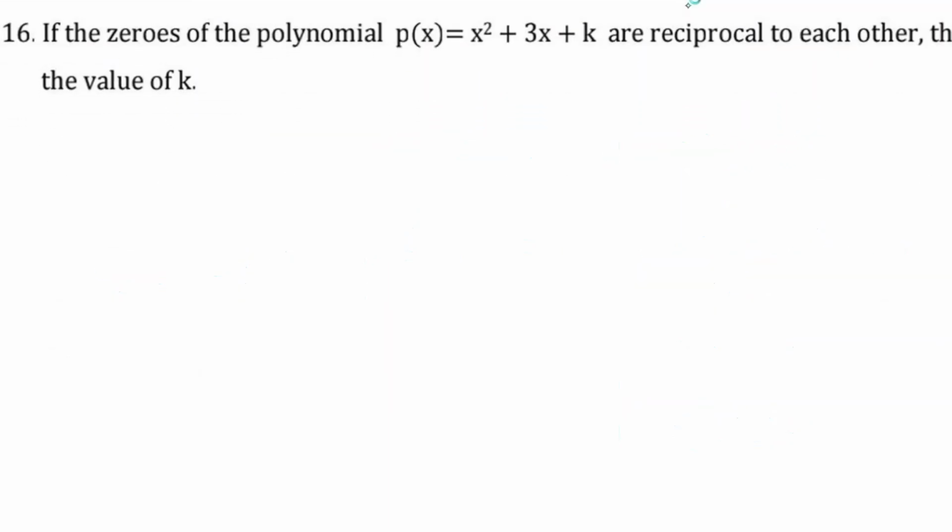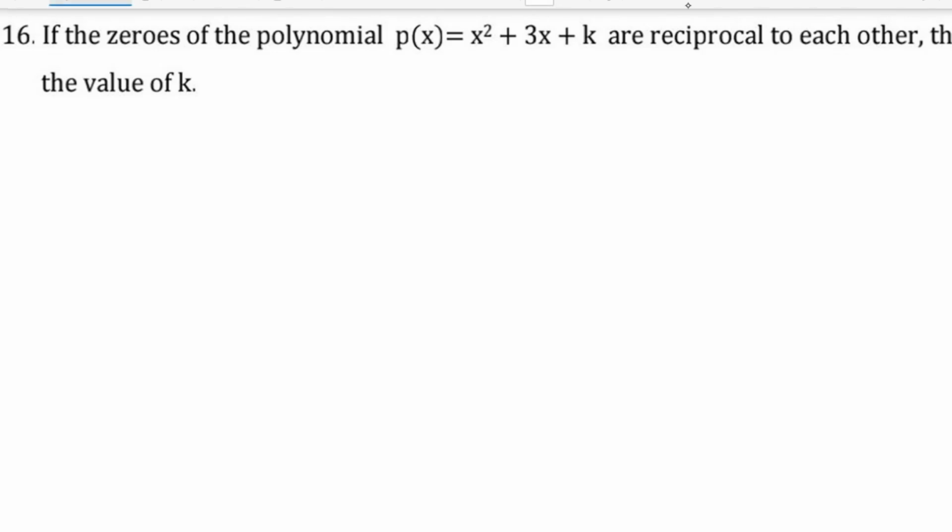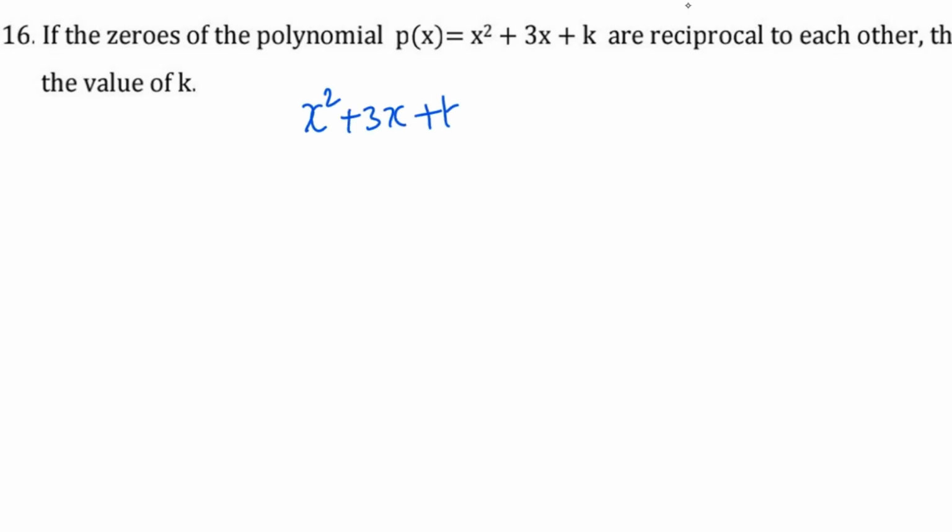If the zeros of the polynomial x square plus 3x plus k are reciprocal of each other, then find the value of k. So they have given x square plus 3x plus k equals 0.